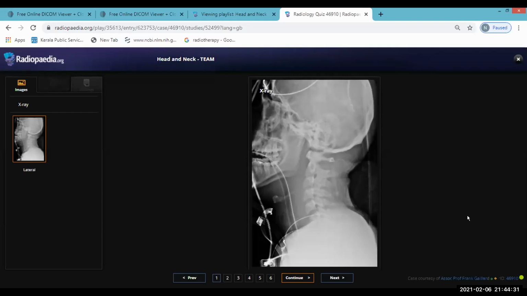The rest of the part appears unremarkable. Visualized skull appears normal. As per these findings, my differential includes prevertebral soft tissue thickening, which might be because of abscess or some infective pathology. So I'll correlate with the history of the patient and advise CT neck for further evaluation.